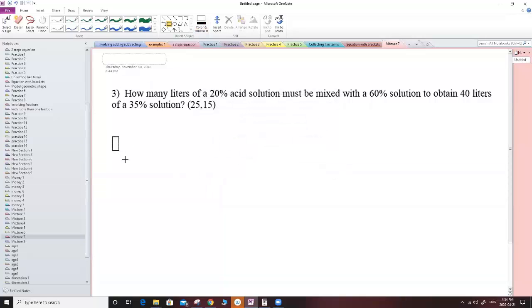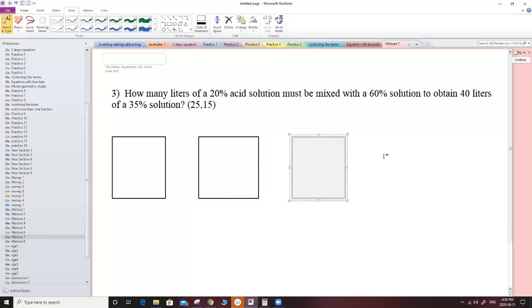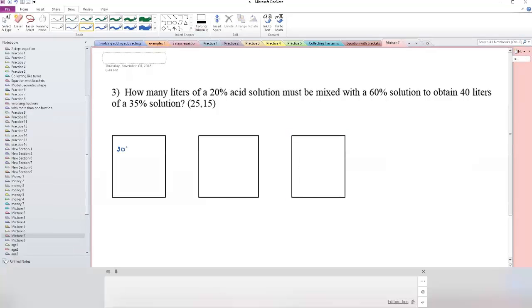We can say that I have, let's say, 3 containers. The first container has a solution that has 20% of acid. And I need to mix it with 60% of acid to obtain 40 liters.